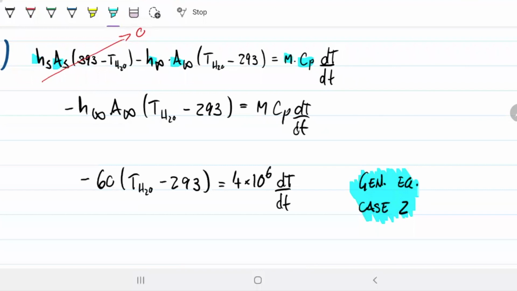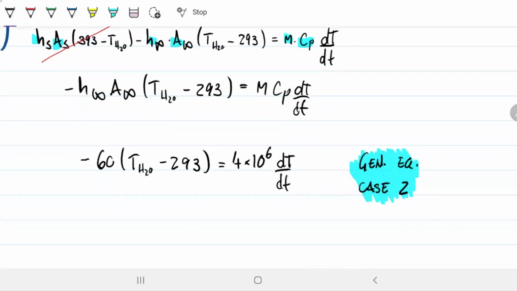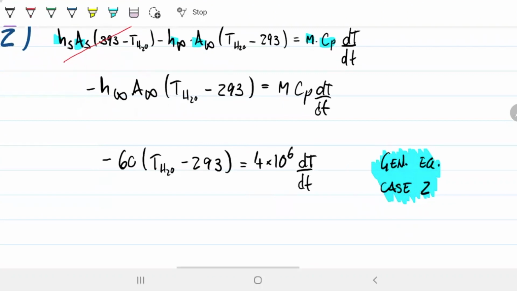All right. Now, what is the question? What will be the temperature after 2 hours have elapsed? So after 2 hours have elapsed, what's the temperature? Well, this is the time component here, so we have to integrate it from 0 to 2 hours. We need to remember that this is in seconds, so it's going to be 2 hours times 3,600 seconds. And our temperature is starting at 353, and it's going all the way to something that we don't know.